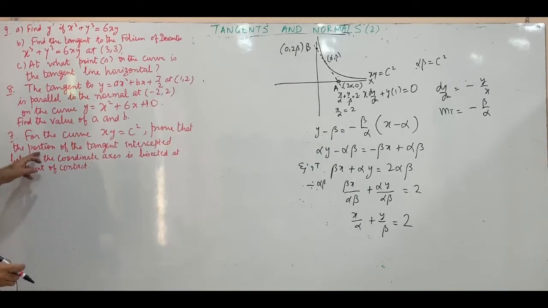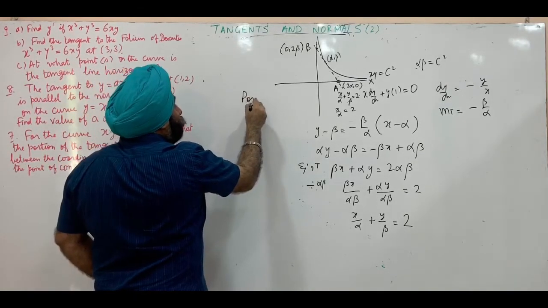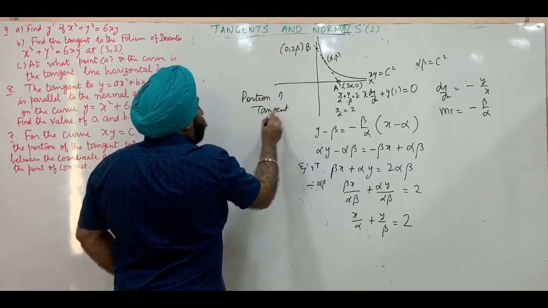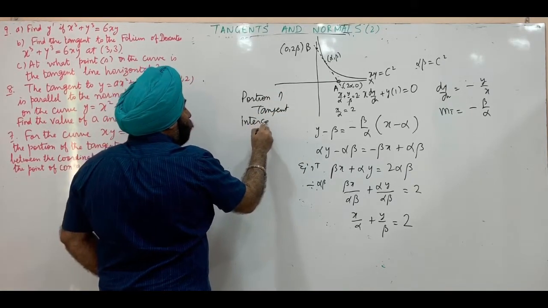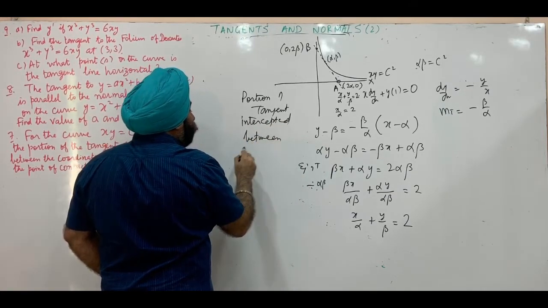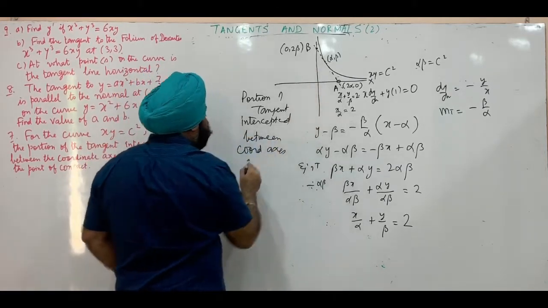So what is the portion of the tangent intercepted between the coordinate axes? This is AB.